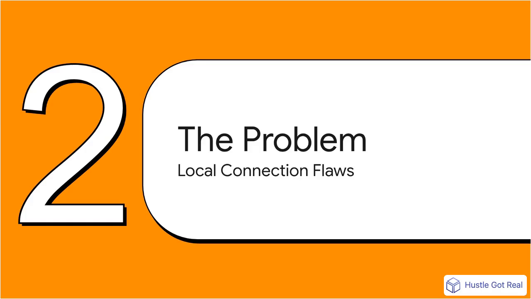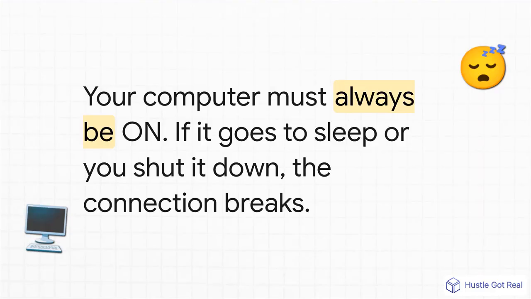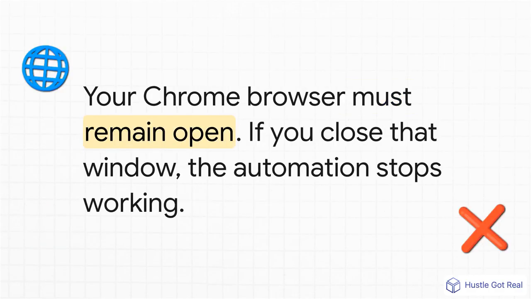Running this whole thing from your own computer sounds easy, right? It sounds simple. But the reality is it comes with some super strict and honestly really fragile requirements. First off, your computer has to be on, and I mean on, all the time. The second it goes to sleep or you shut it down for the night, poof, the connection's broken, your store is completely unmonitored. And it's not just the computer being on. That specific Chrome browser window, the one with the extension actually running, has to stay open.